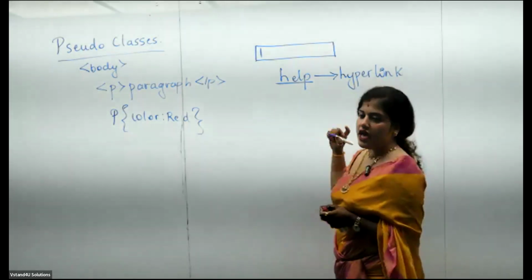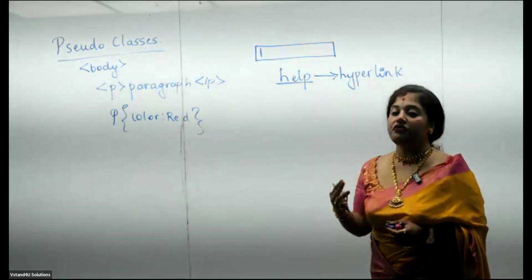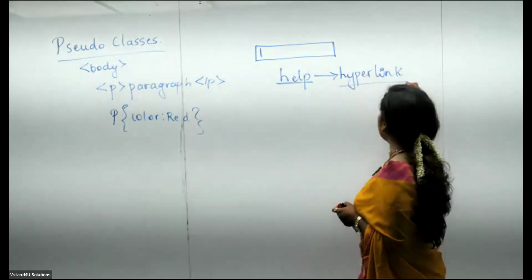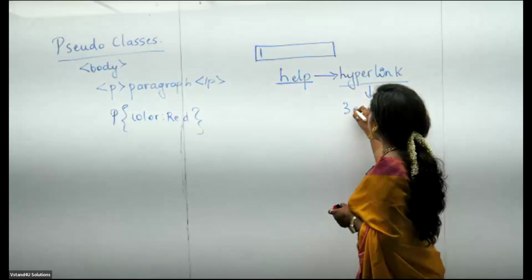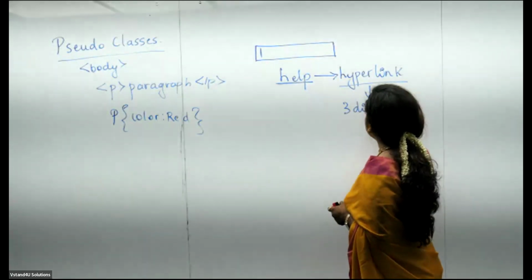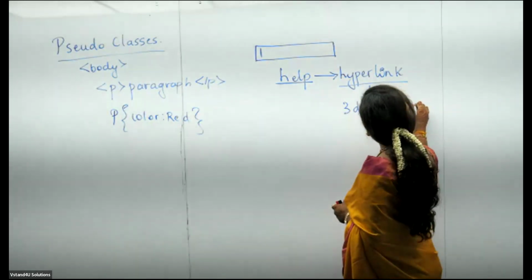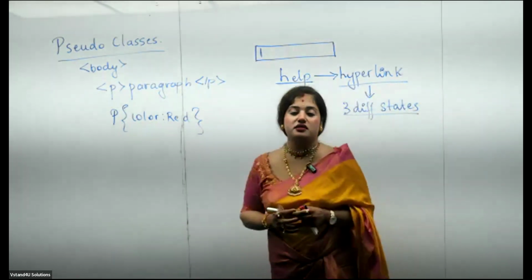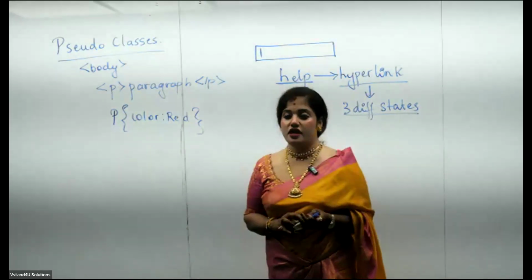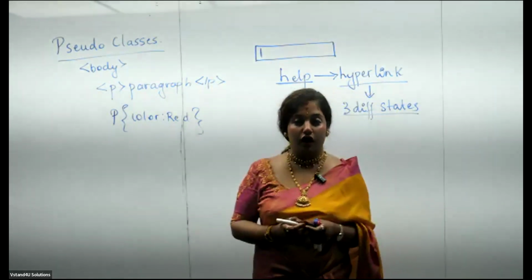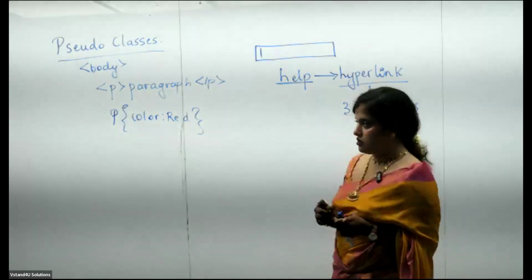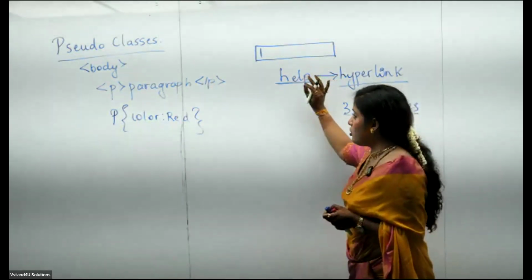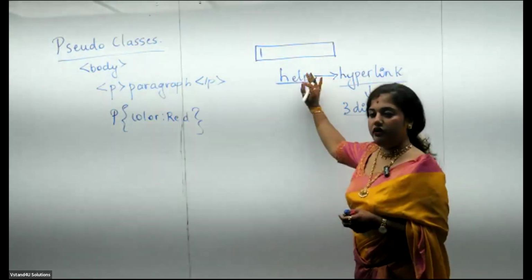In this hyperlink only, you have 3 different states, not types. Can you tell me what may be the states? Karnataka, Andhra, Tamil Nadu, no, those are states of India. So, this is one link. Unless and until you click on that link, the color will be the same.